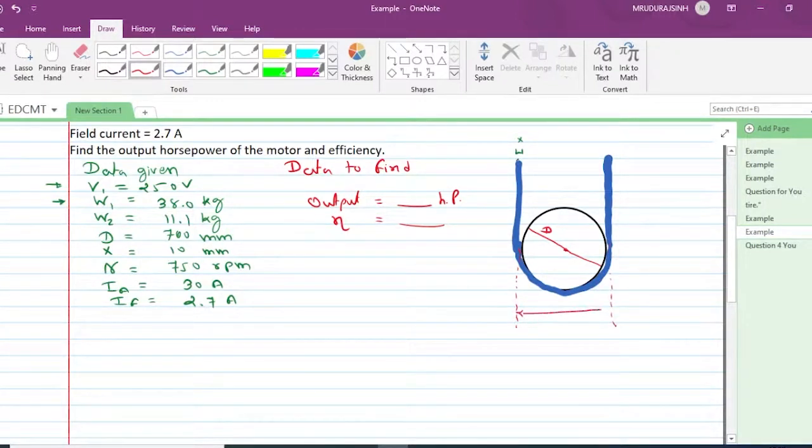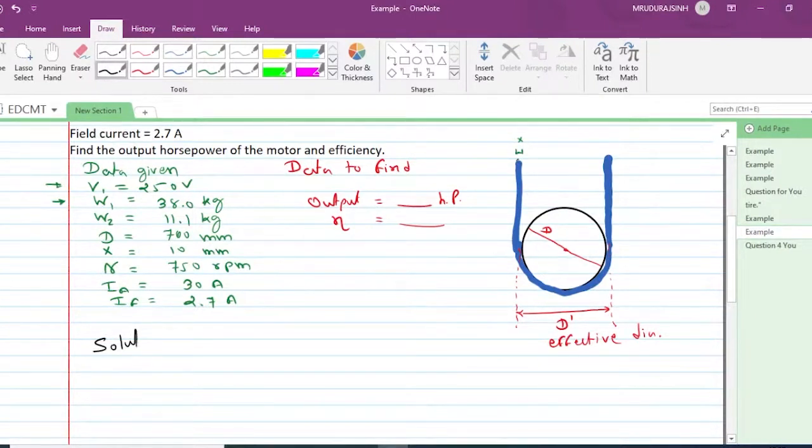This distance is known as D dash, the effective diameter. Whenever we calculate the radius for the torque, we need to use this effective diameter. You will understand in a few minutes why we did this.